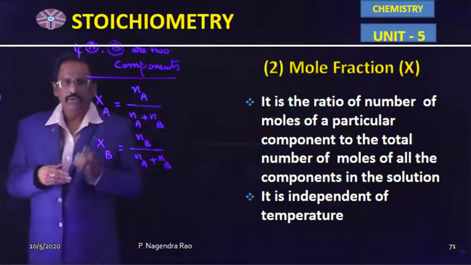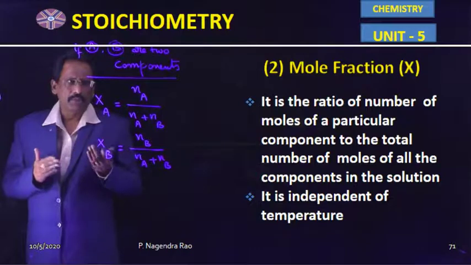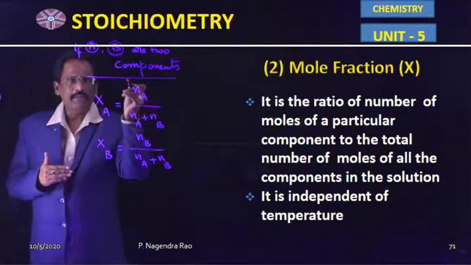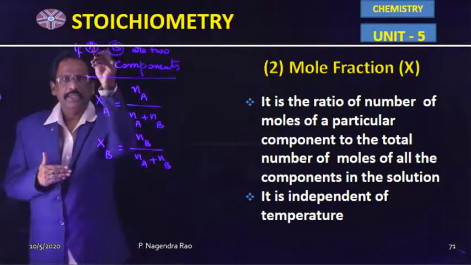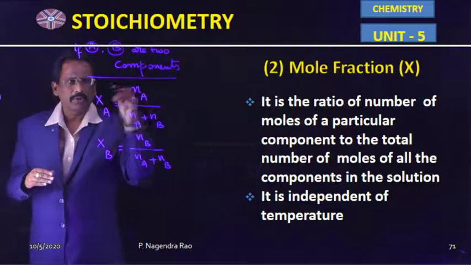It is already known to you. The formula used to calculate the number of moles of any component is equal to weight divided by molecular weight. Weight of the A component divided by its molecular weight gives the number of moles.